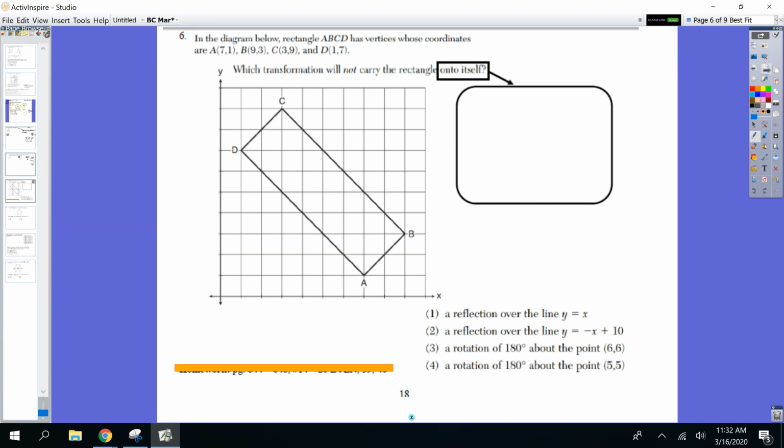Okay, again, which transformation will not carry the rectangle onto itself? And we just went over what carry onto itself means, meaning get rectangle ABCD to look exactly how it started.